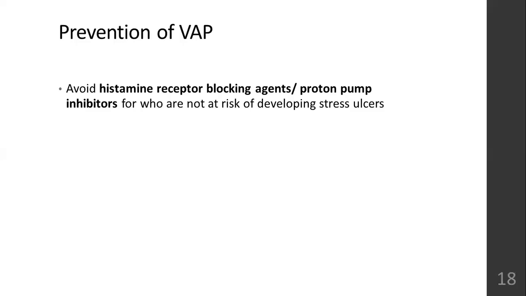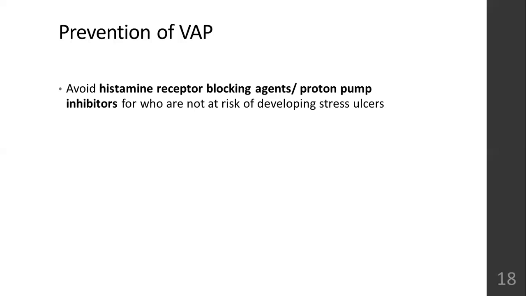Avoid histamine receptor blocking agents, that is antacids, proton pump inhibitors, especially for people who are not at risk of peptic ulcer or stress ulcers. If the patient does not have peptic ulcer or stress ulcers in their stomach, there is no requirement of giving histamine receptor blocking agents, that is Rantac kind of medicines, proton pump inhibitors and all.